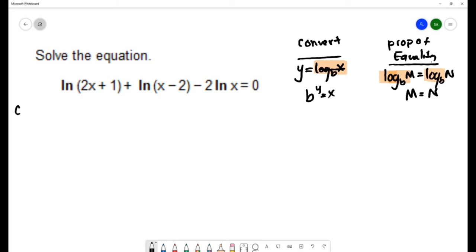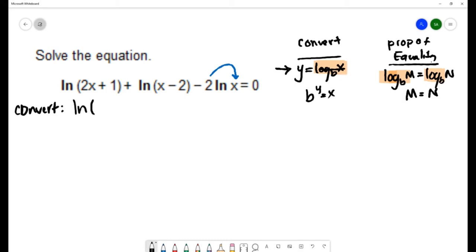If I choose to convert, I want to try to get the equation to look something like this, with log only on one side. I can only have one of them, so I need to condense all of these logs together. I also need to use the power rule to bring that coefficient to the exponent.